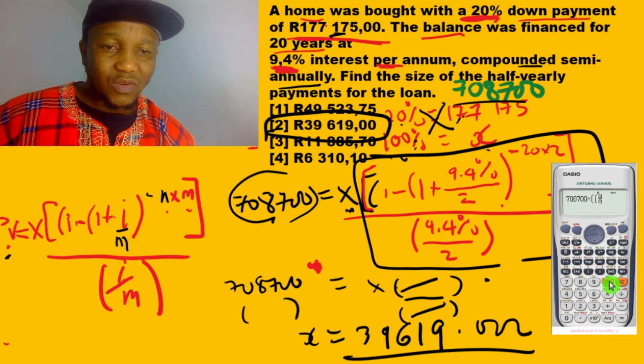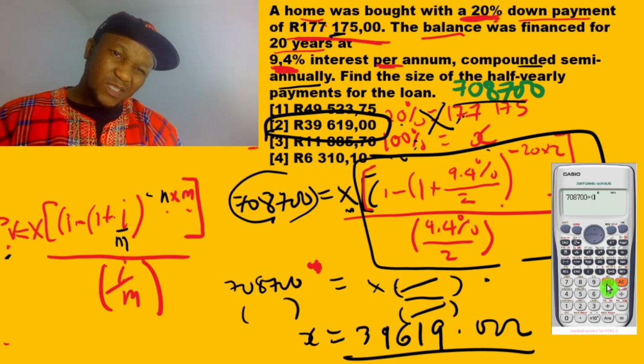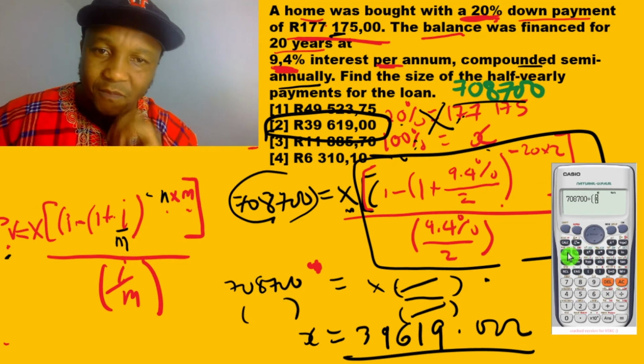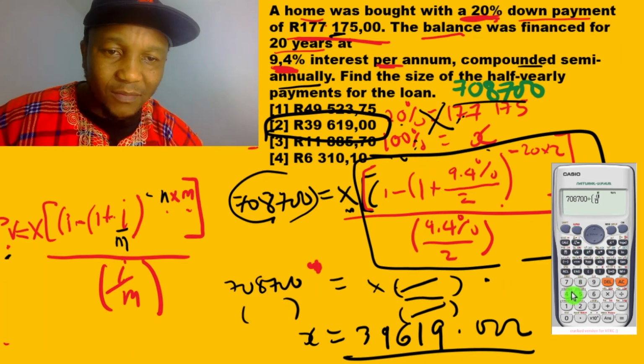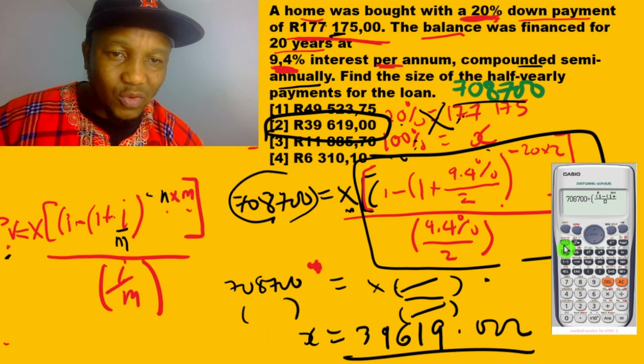Yeah, delete. Let's say fraction. Now 1, and then we minus, and then we say bracket again. This is 1 plus, and then you go to our fraction, 9.4%. Percent means you shift here and come to this percent, and then you go over.